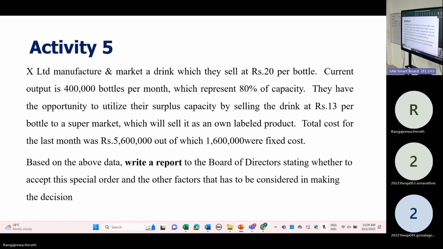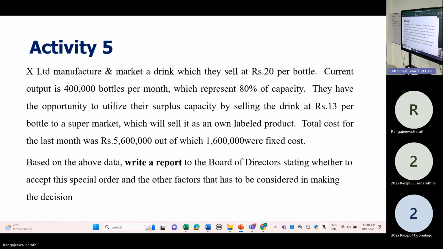So X Limited manufactures and markets a drink that they sell for 20 rupees per bottle. The current output is 400,000 bottles per month, which represents 80% of the capacity. They have an opportunity to utilize their surplus capacity by selling the drink at 30 per bottle to a supermarket, which will sell its own label product.